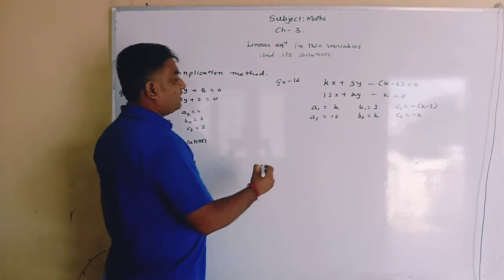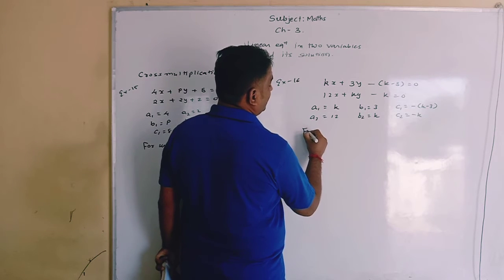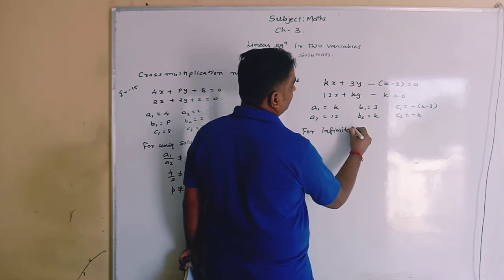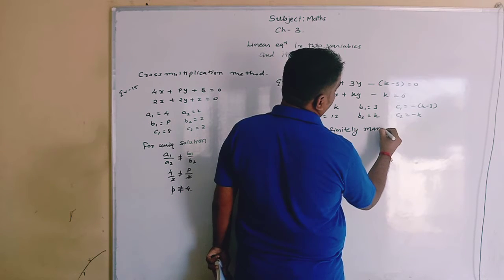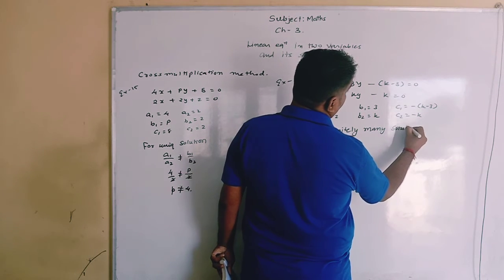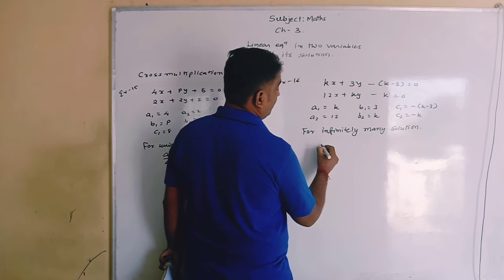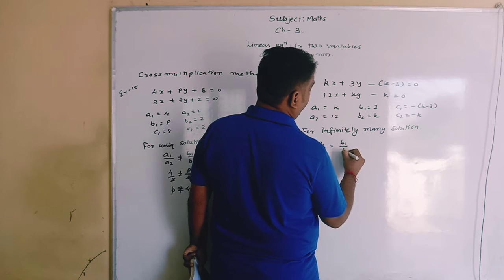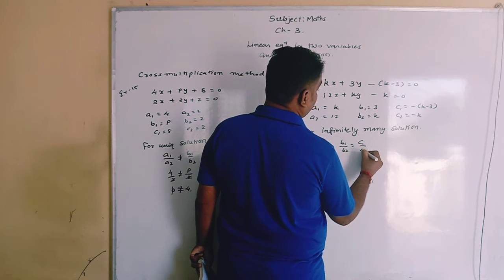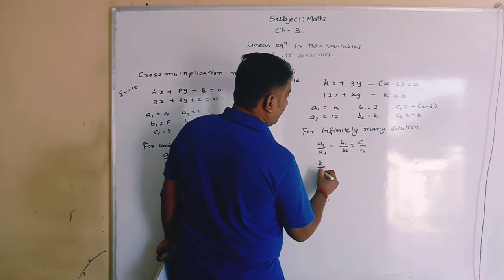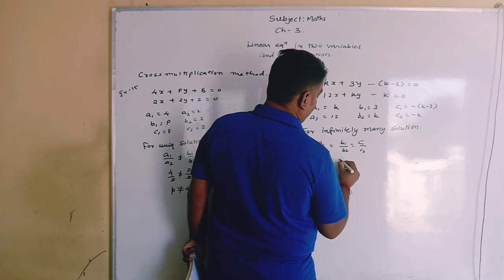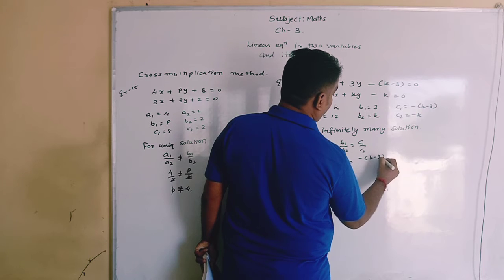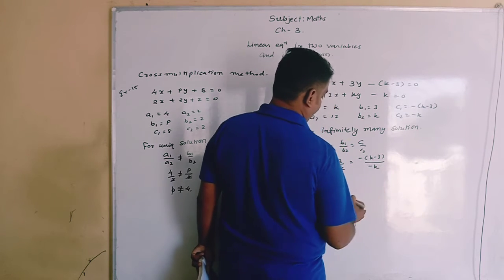Now the given equation has infinitely many solutions. So for infinitely many solutions, we have a1 by a2 is equal to b1 by b2 is equal to c1 by c2, and so k by 12 equals to 3 by k equals to minus of k minus 3 by minus of k.